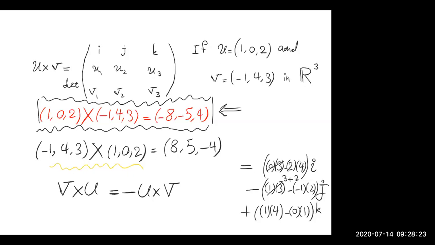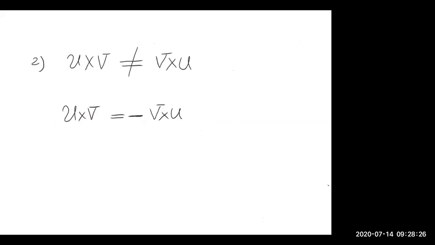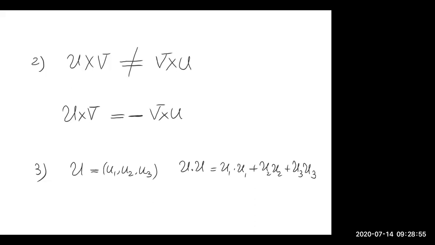Okay, so that's the idea. The third property of the cross product, which is quite interesting, is that, well, remember, if we have a vector u equals to, say, u1, u2, u3, the inner product of u with itself would be u1 times u1 plus u2 times u2 plus u3 times u3, right? Because we should write u twice and we should multiply the components and then add them.